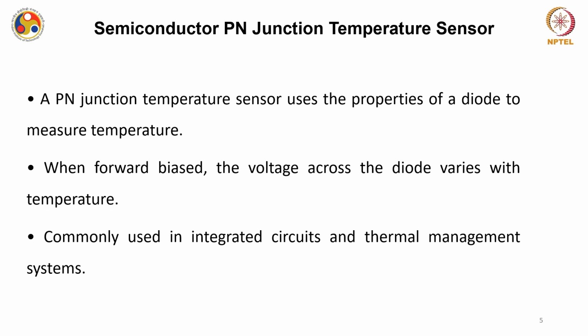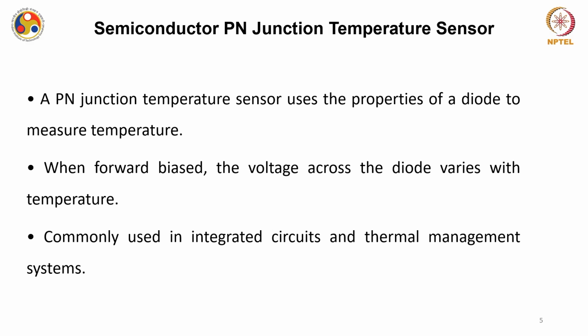Now what our aim is, is to utilize this PN junction for a temperature sensor. A PN junction temperature sensor uses the properties of a diode to measure the temperature, and the diode under discussion is the PN junction diode. When forward biased, the voltage across the diode varies with the temperature.